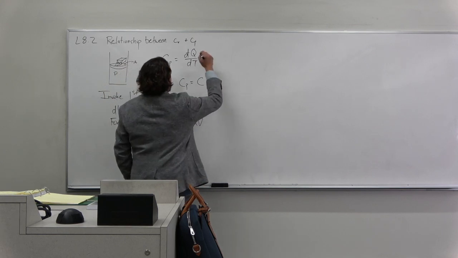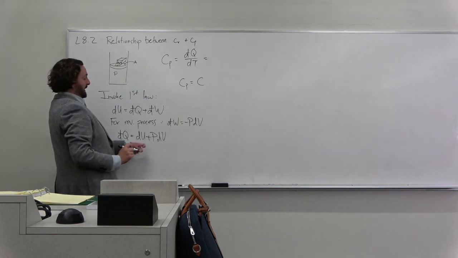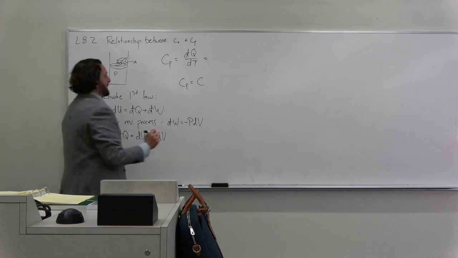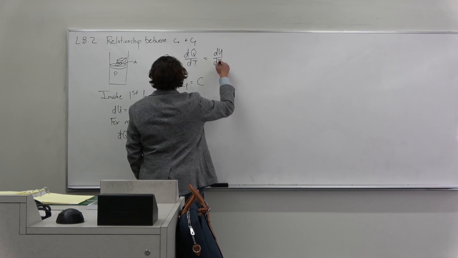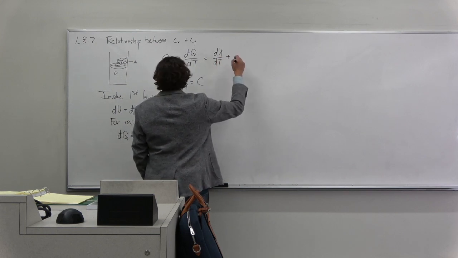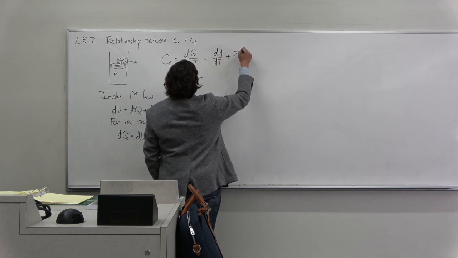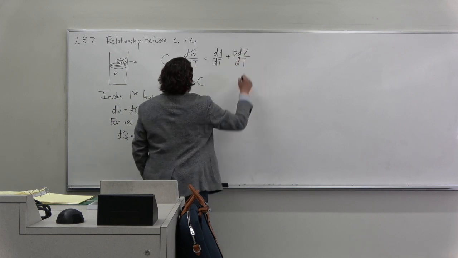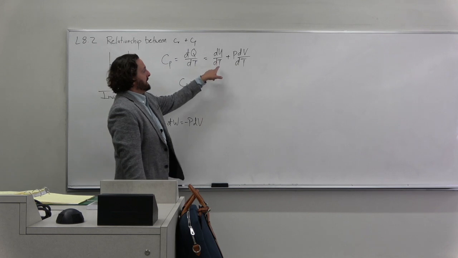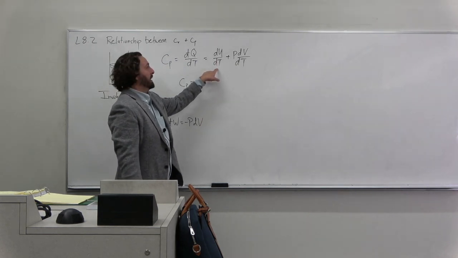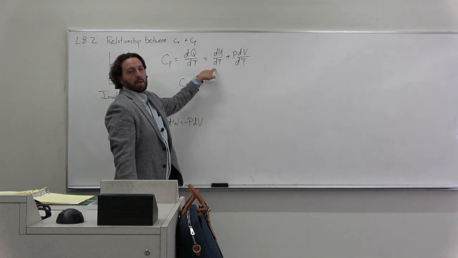And so we're going to write dQ for this process, and we know that we're only doing it for this kind of process, is dU/dT plus P dV/dT. Okay, but here's the key. dU/dT doesn't depend on process, right?